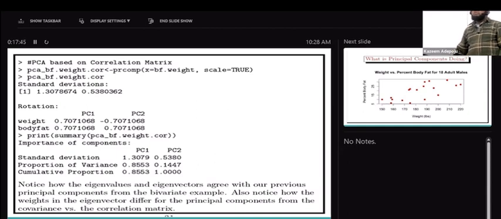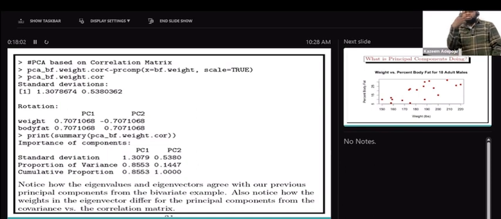And when you take a look at the proportion of the variance now, the proportion of the variance of PCA1 is 0.8553. I remember the other time it was 0.92 something. At that time, the covariance had not been standardized.